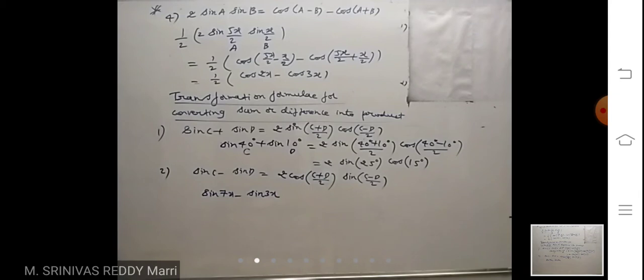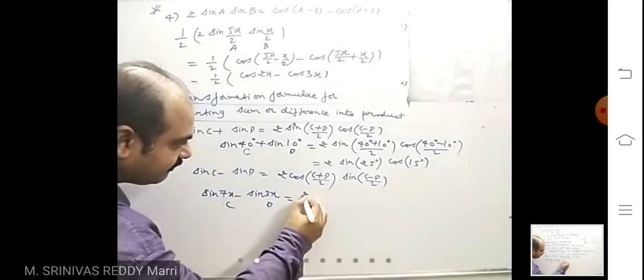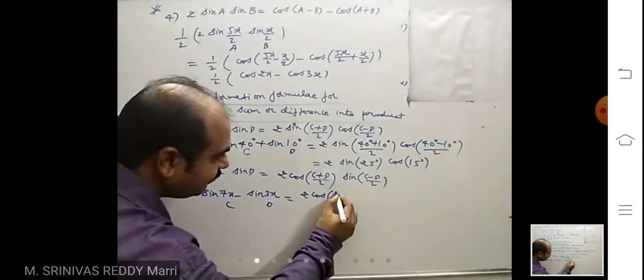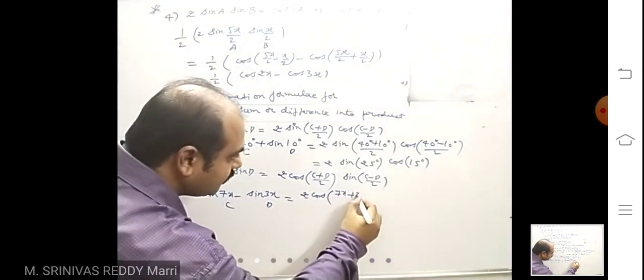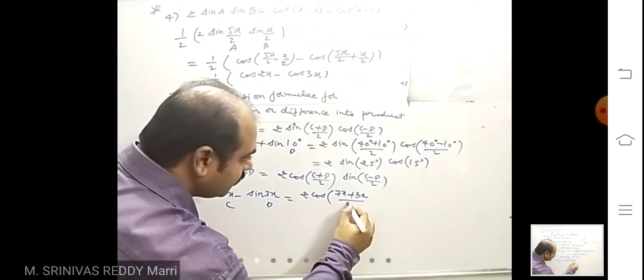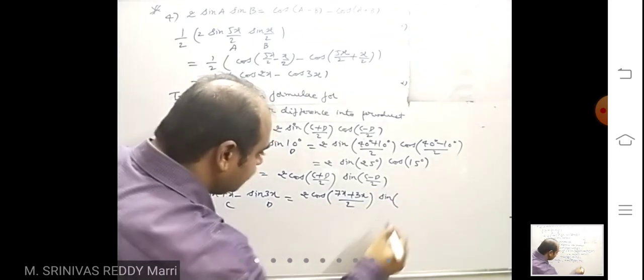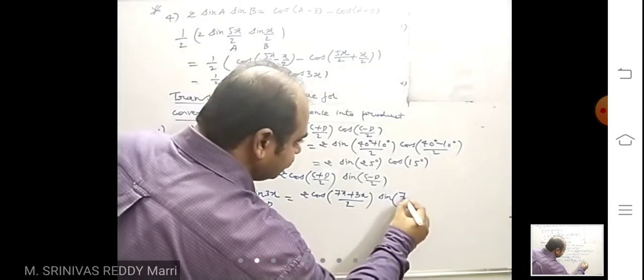We will take this as angle C, this as angle D. What is the formula? 2 cos C plus D by 2 sin C minus D by 2.